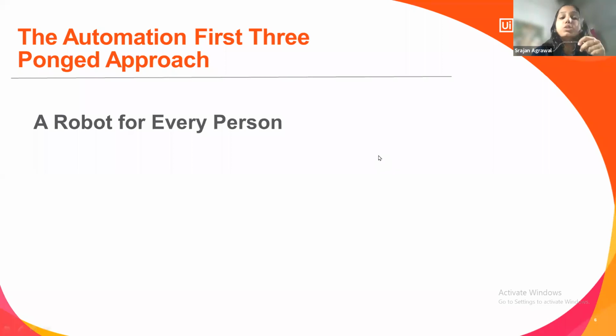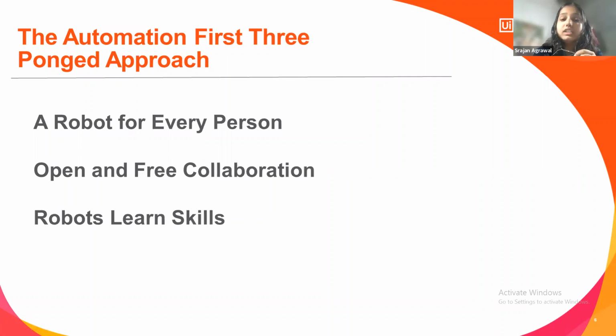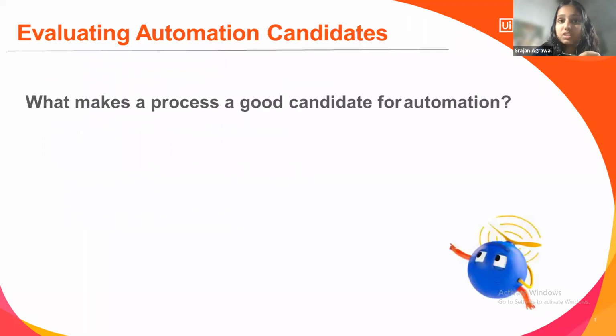Okay, so a robot for every person means the same as the Bill Gates envision. For every desktop there should be a PC, same as for every person there should be a robot, right? And open and free collaboration. And robots learn skills, like if you have built some robot, then time to time the robot starts learning skills on the basis of experiences, right? So these are some automation first three-pronged approaches.